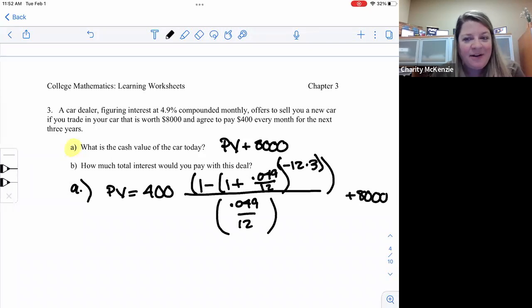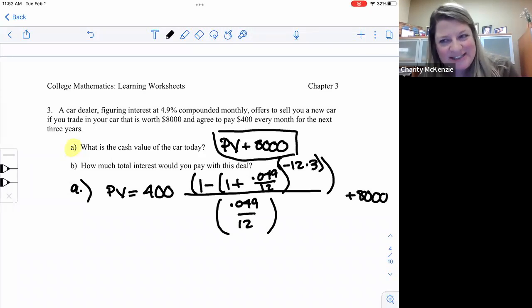So you could write it on there, just so we don't forget it, but we did write it up here showing we have to find that present value plus 8,000. So I'm going to figure out just the present value real quick. So 400 times 1 minus the parenthesis 1 plus 0.049 divided by 12 to the power of negative 12 times 3. Okay, parenthesis divided by 0.049 divided by 12.